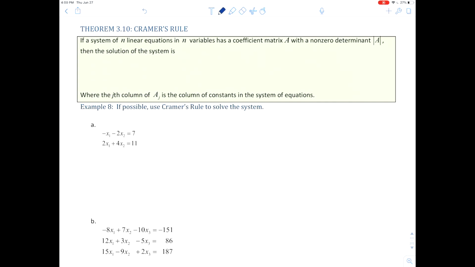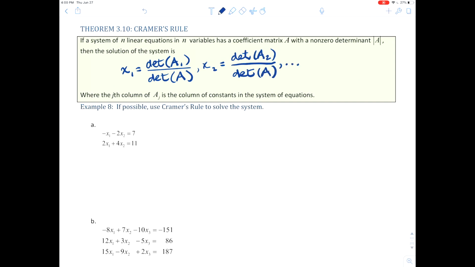If a system of n linear equations in n variables has a coefficient matrix A with a non-zero determinant, then the solution of the system is: x1 is equal to the determinant of A1 over the determinant of A. x2 is the determinant of A2 over the determinant of A. And then it keeps going until you get to your last variable xn.